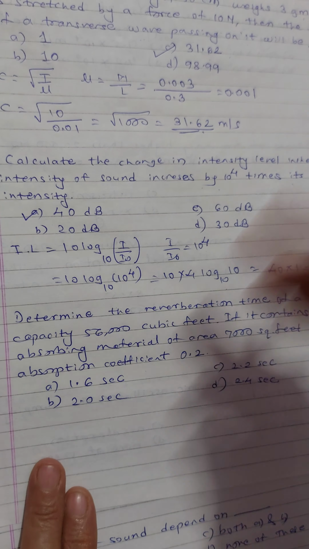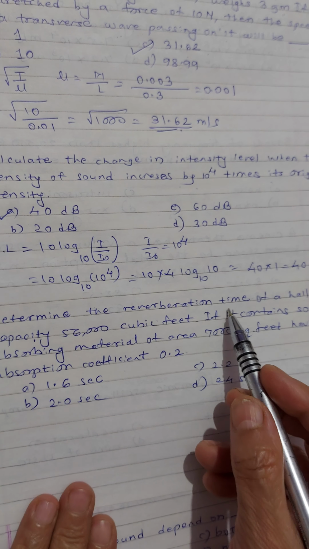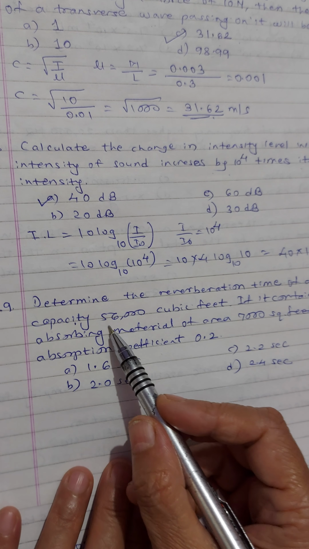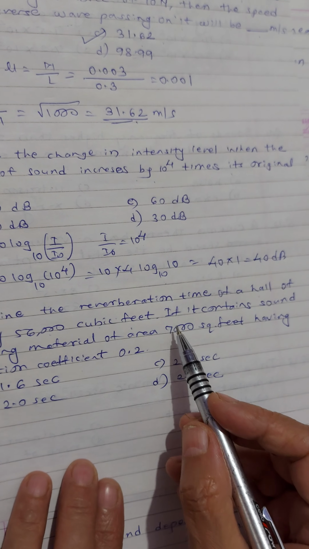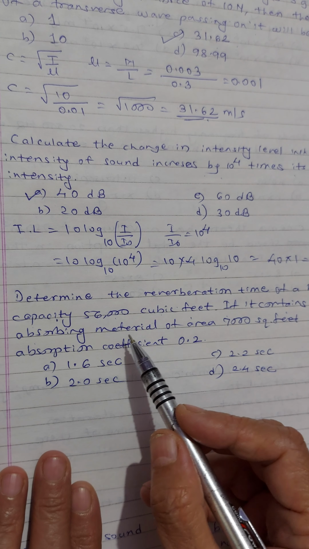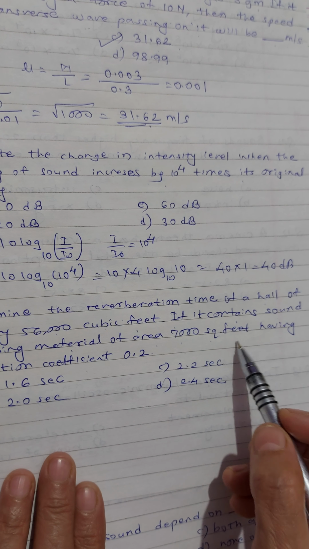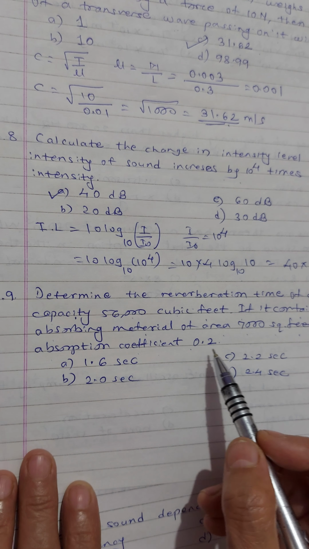Question number 9 now. Determine the reverberation time of a hall of capacity 56,000 cubic feet if it contains sound absorbing material of area 7,000 square feet having absorption coefficient 0.2.